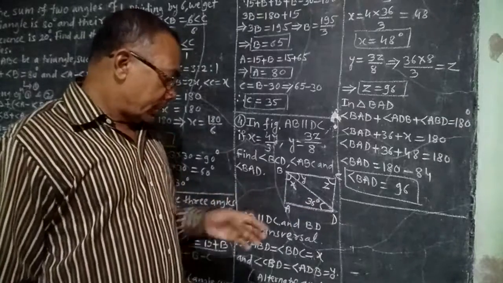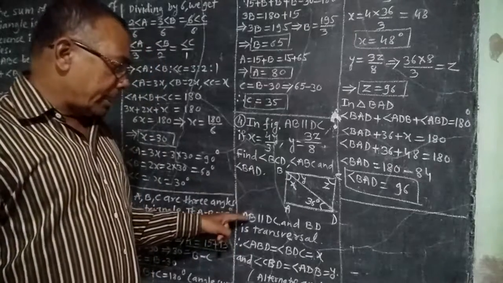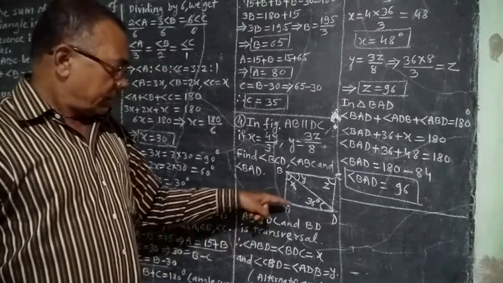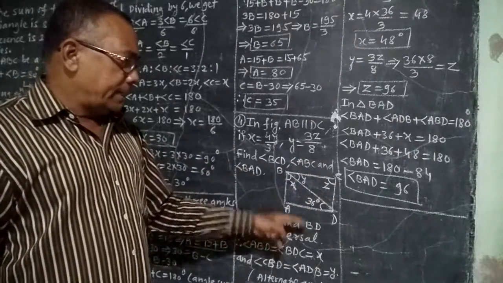Similarly here we will solve step by step. Here it is given that AB and DC are parallel, and BD is a transversal.